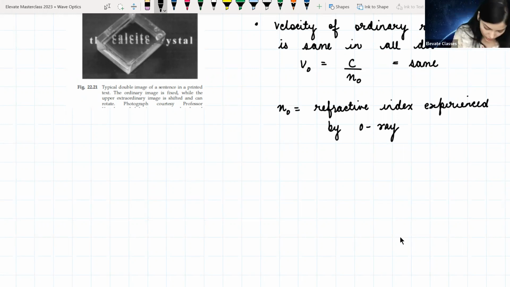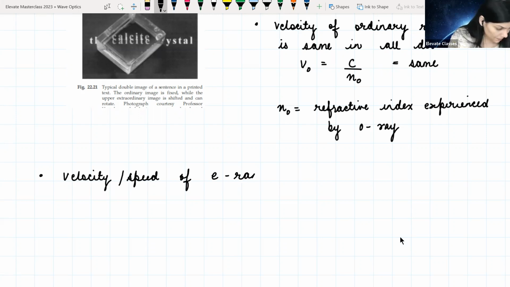the velocity of the extraordinary ray, okay? So the velocity, or rather the speed, here it's more like speed. I am not even discussing direction. So the speed of the E ray is not the same and varies with direction.